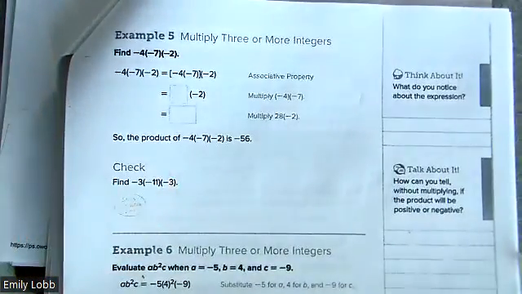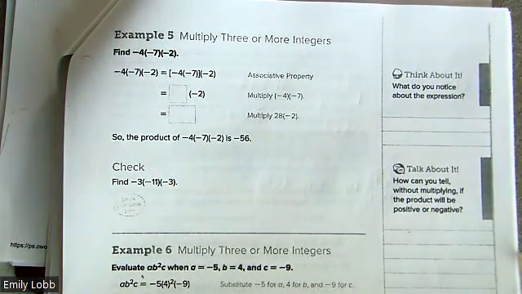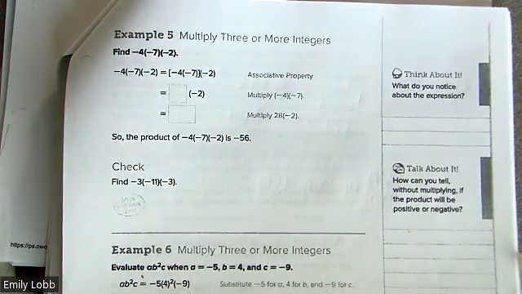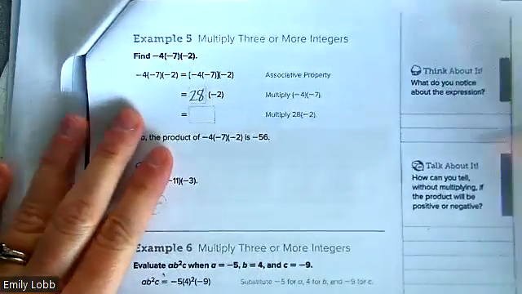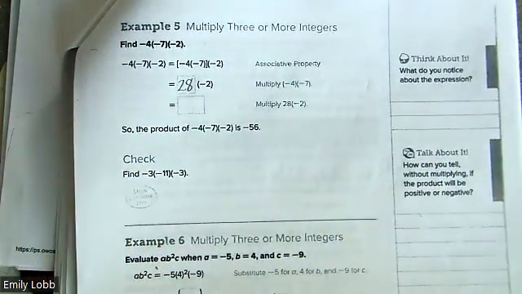We can associate them any way we want. So if we wanted to do -4 times -7 first, my signs would be the same. So what's 4 times 7? Positive something. Excellent. It's 28.